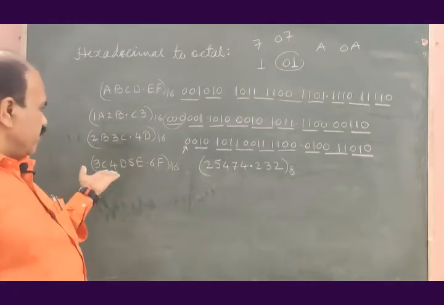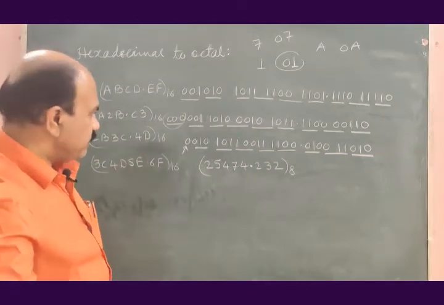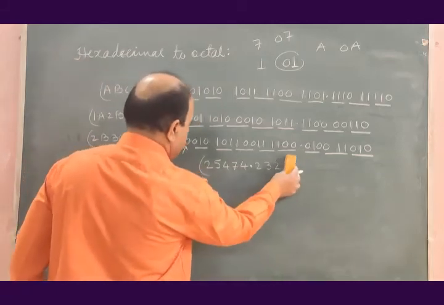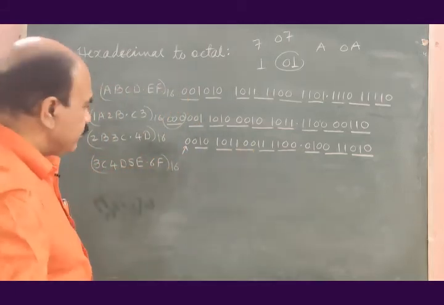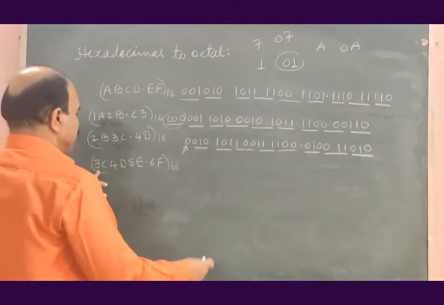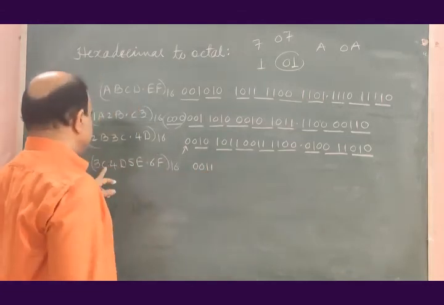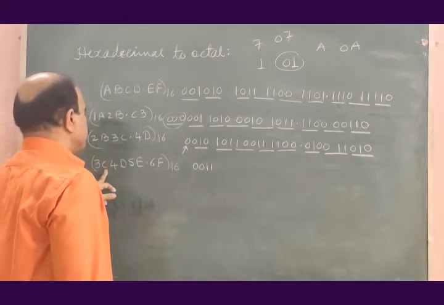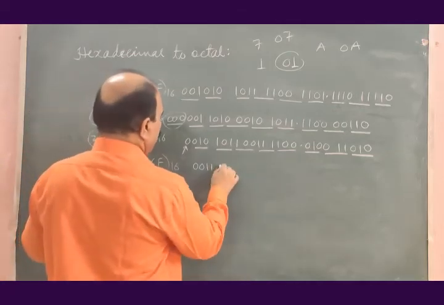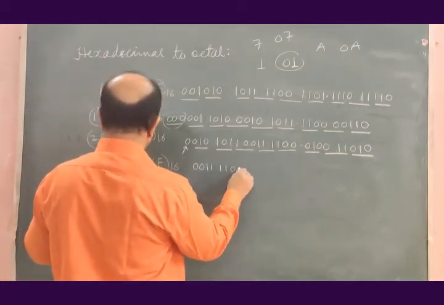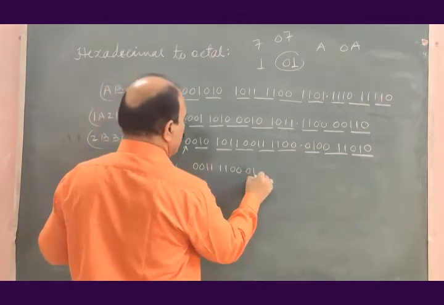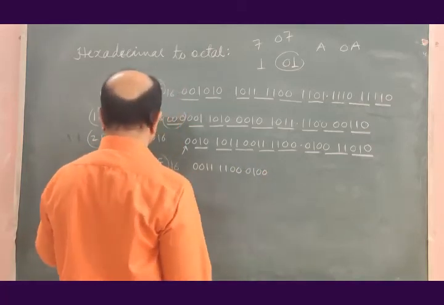And finally let us go to this last one. 3 is 0011. C is 12, which is 1100. 4 is 0100.